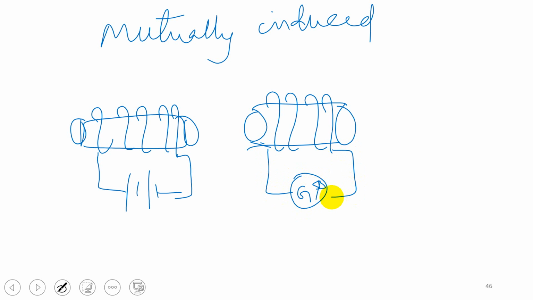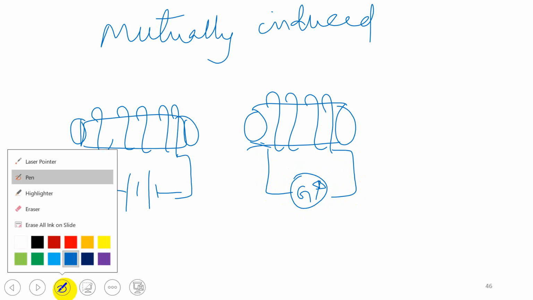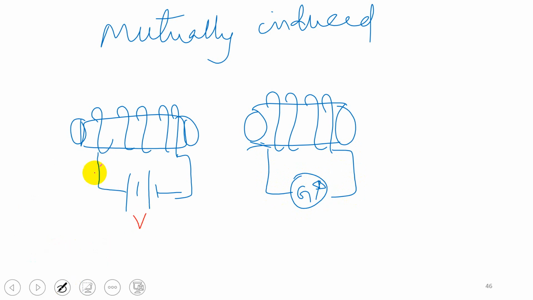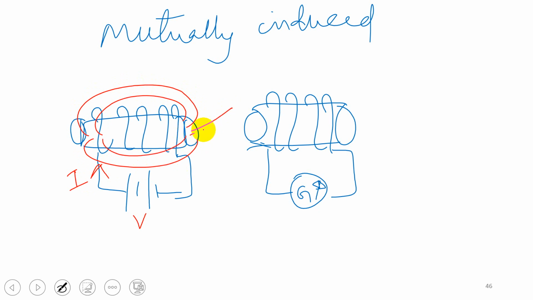Now, when you apply the voltage, the current flows here, and this current will produce a magnetic field. Some of this flux will start linking the other coil, and when it does, EMF is induced there.